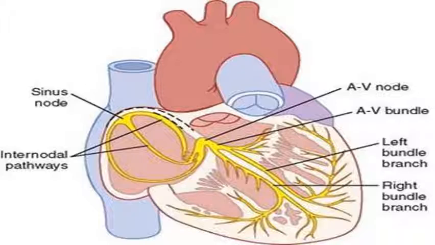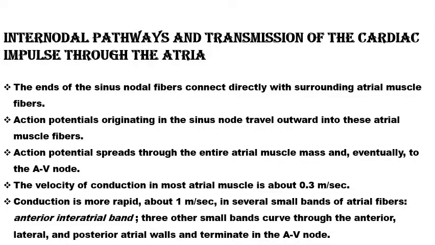Now let's discuss the inter-nodal pathways and transmission of the cardiac impulse through the atria. The ends of the sinus nodal fiber connect directly with surrounding atrial muscle fibers. Action potential originating in the sinus node travels outward into these atrial muscle fibers.